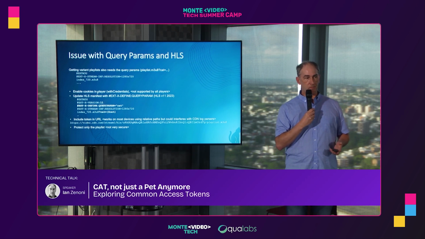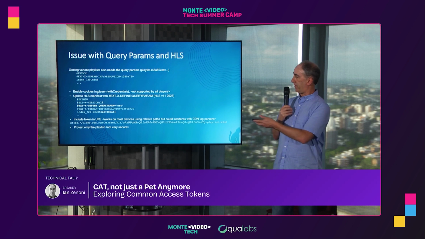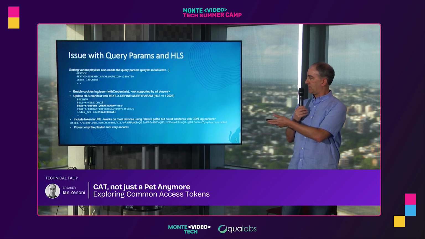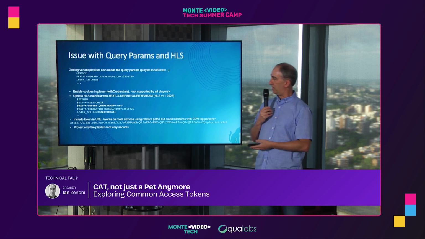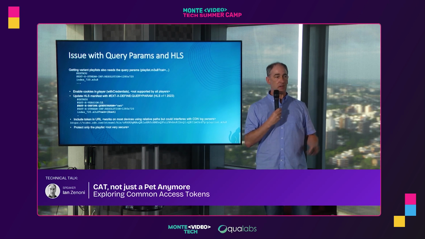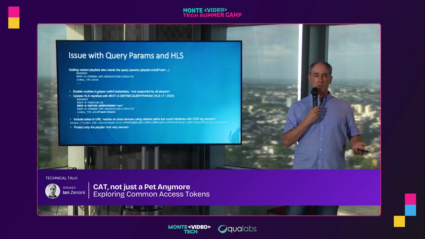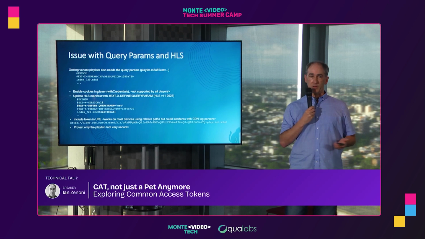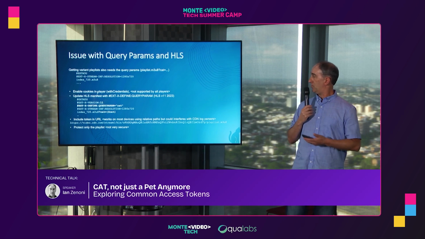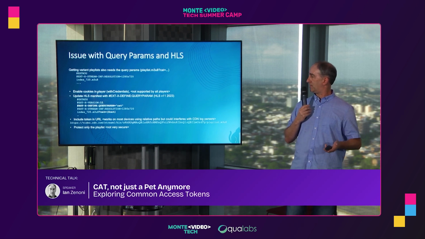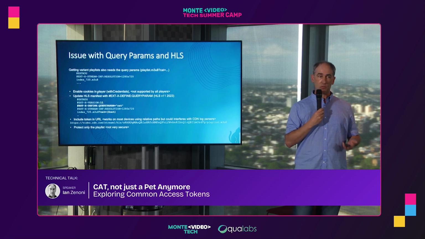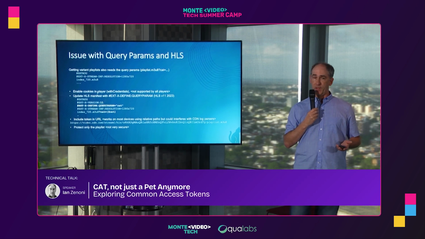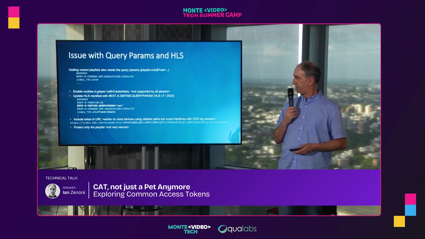You can define query parameters within the manifest and then use them later on in the manifest, doing a replacement. That works really nice, but you have to have a new player, so players built before HLS version 11, like old TVs, won't work. Going forward that'll be nice, but it's just not quite there yet.